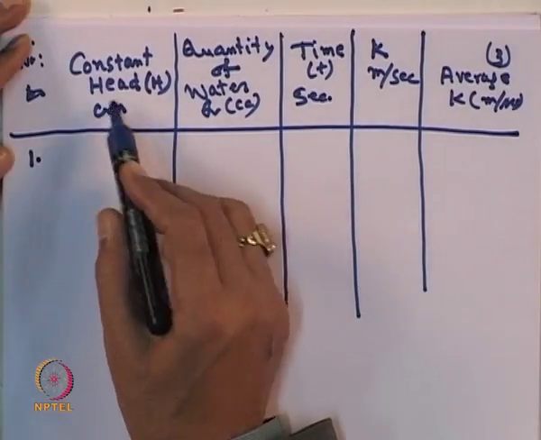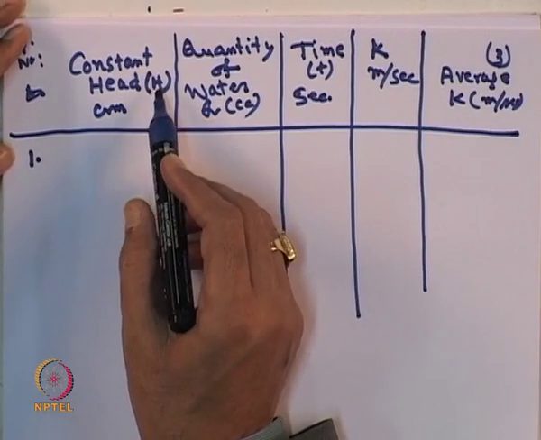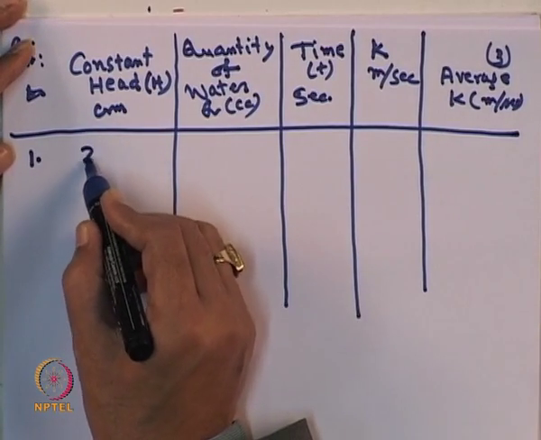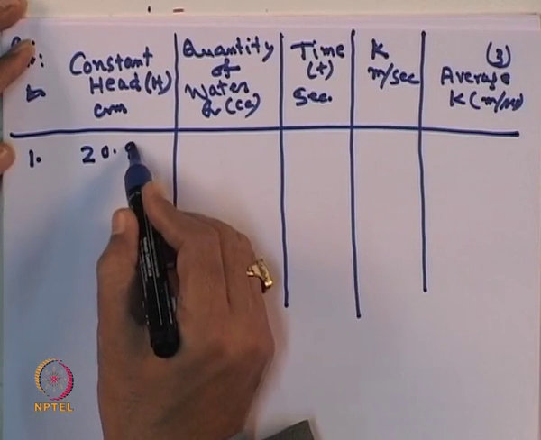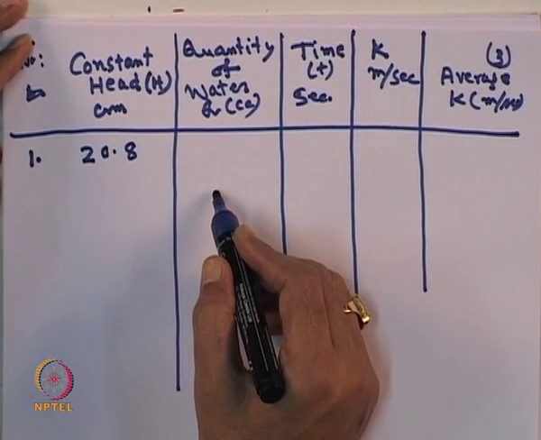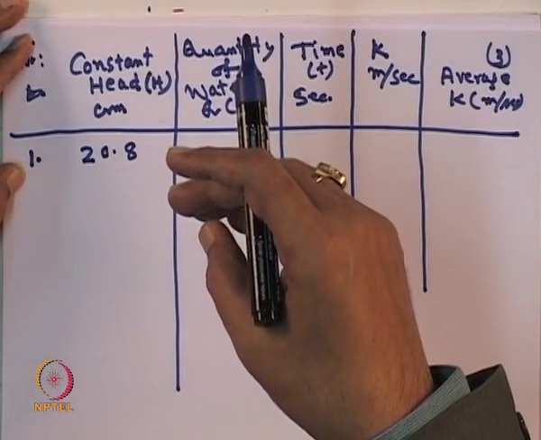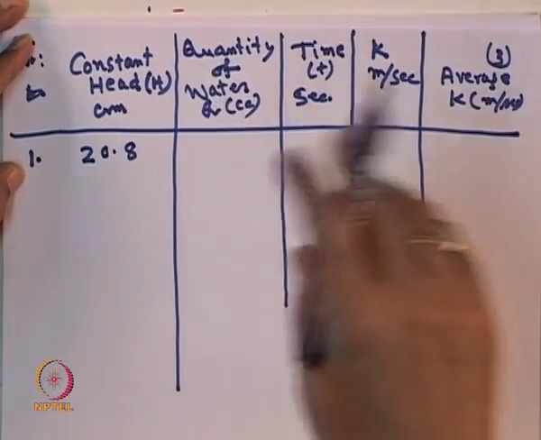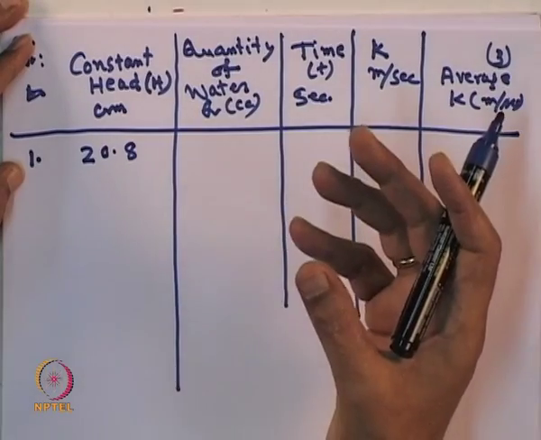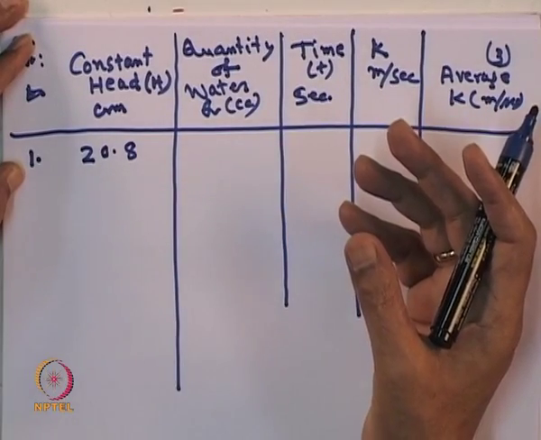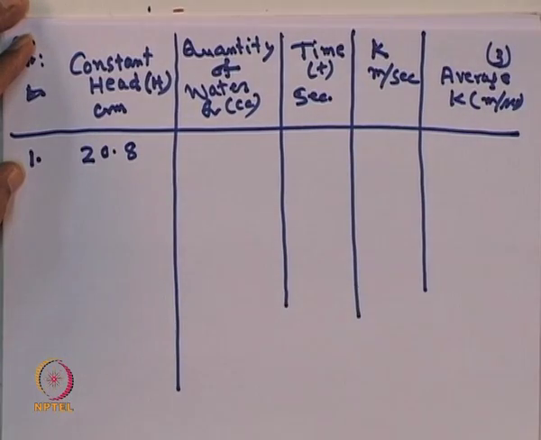Let us say that constant head is about 20.8 centimeter. And then you are measuring the quantity of the water you are collecting here.